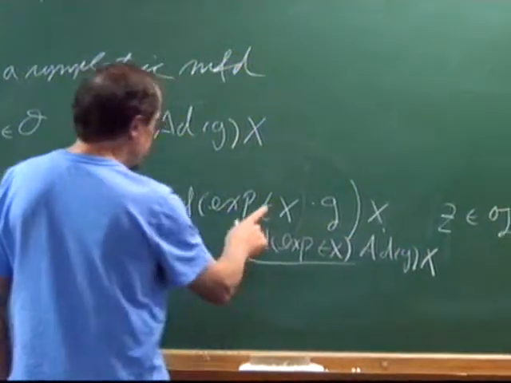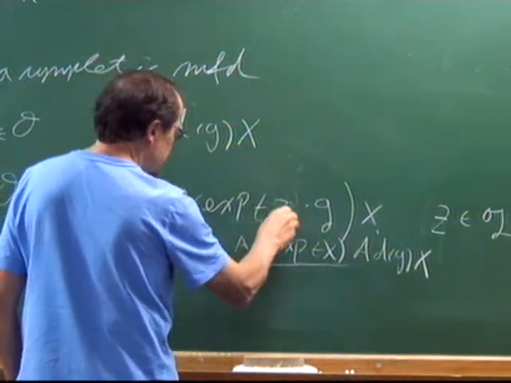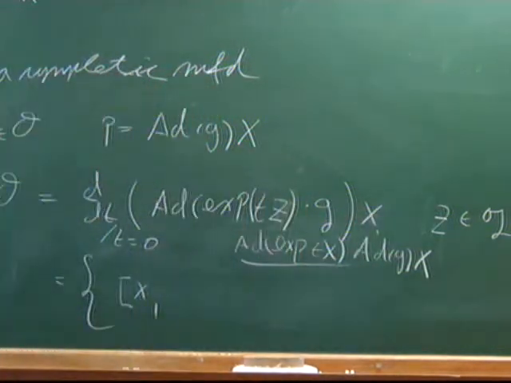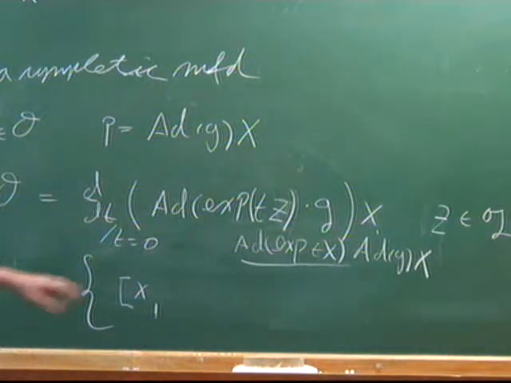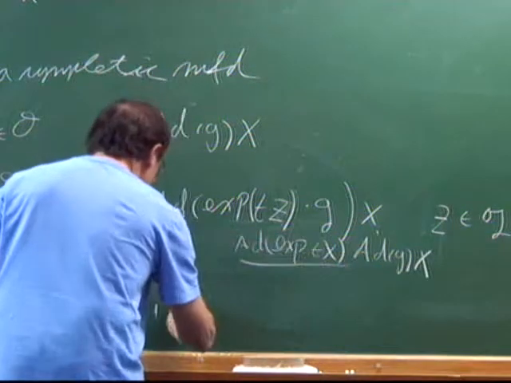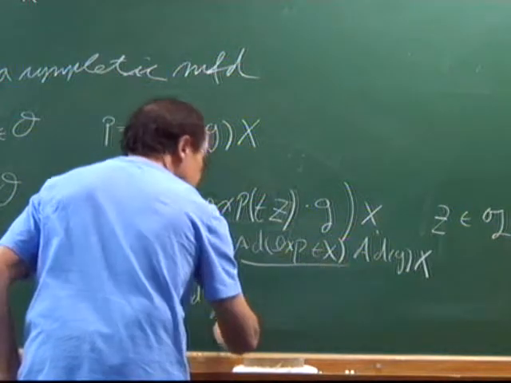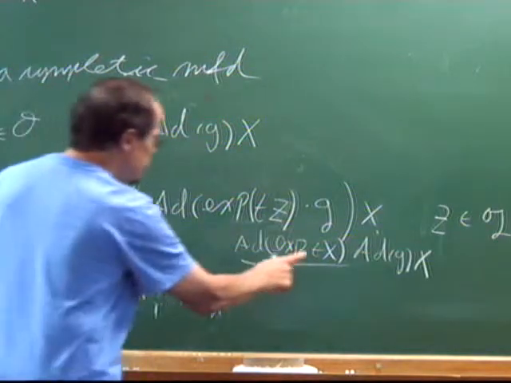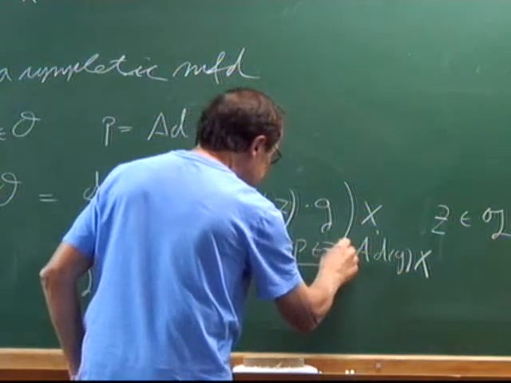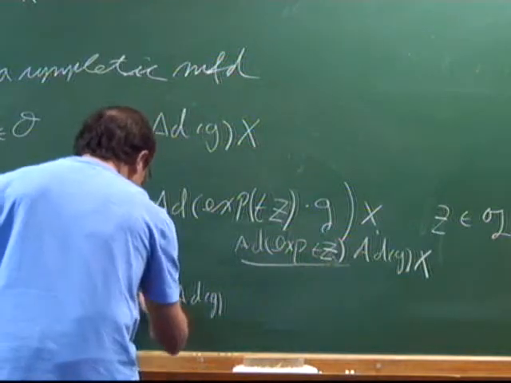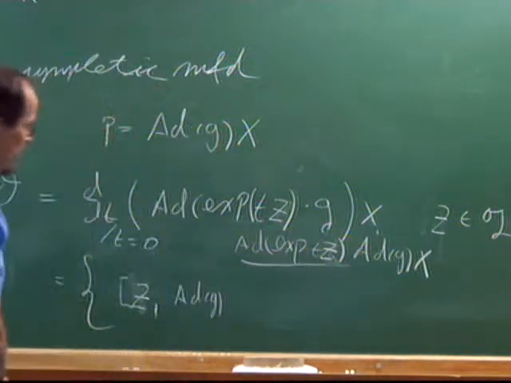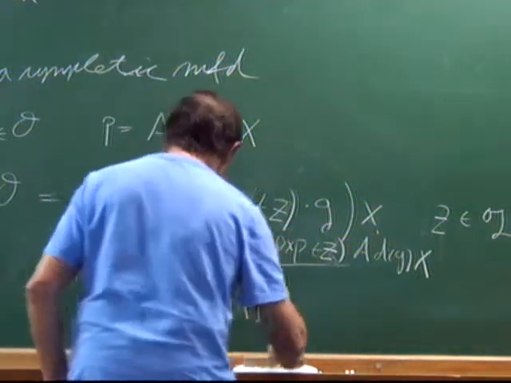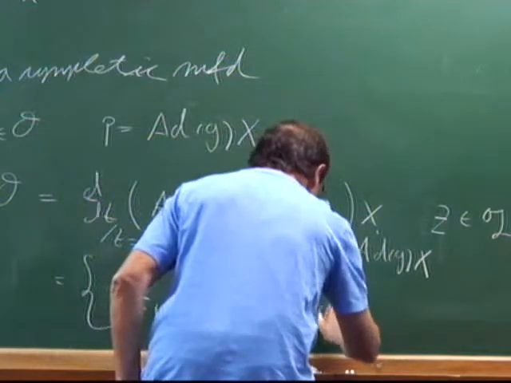So the Z should go in here, because that's my tangent vector. Whereas this is the vector through which I look at the orbit, right? So the Lie bracket of Z with this vector here, that's what differentiating this gives me, with the vector Ad_g of X, where Z lies in the Lie algebra.